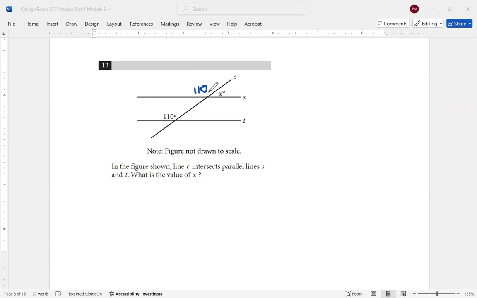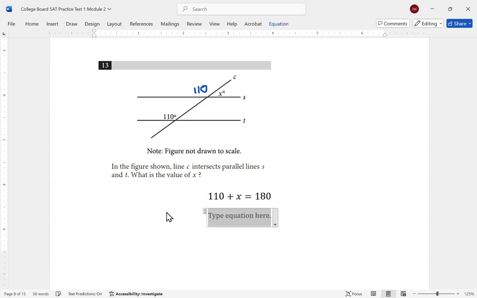And then it's worth noting that this 110 and your angle X are angles on a straight line. Because if I have angles like this, which together form a straight line, that means 110 plus x has to be equal to 180.